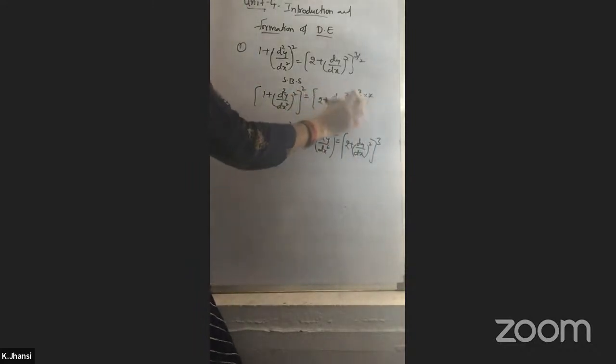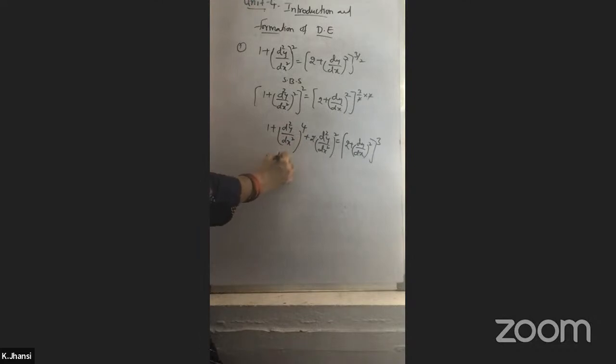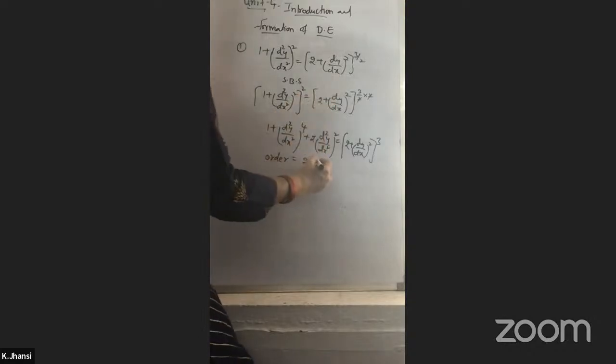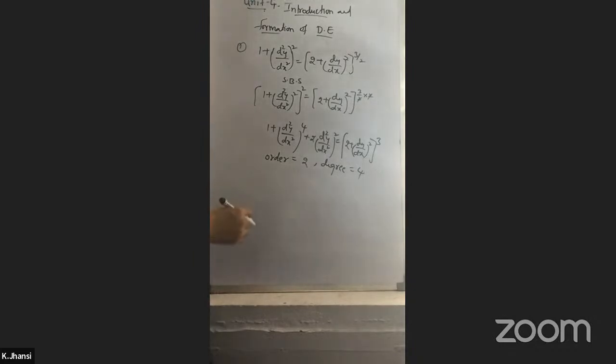So here square is there and we have cube. Now see what is the highest order. Directly don't see what is the highest power. First you write what is the order. So order is 2. So for this highest order, what is the highest power? We have here 4 and we have here 2. See, before the degree was 2. So when you simplify this, we got the degree as 4. So degree equals to 4.